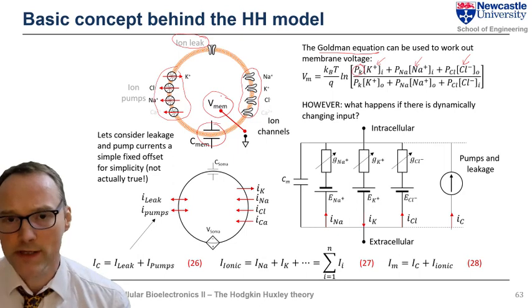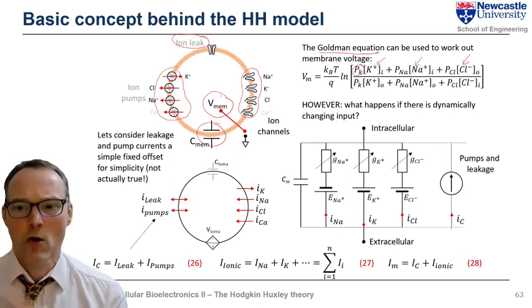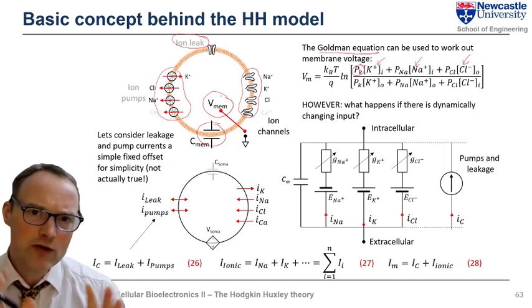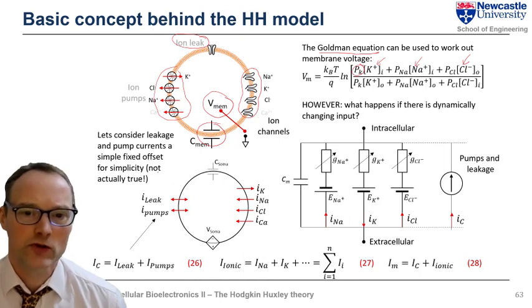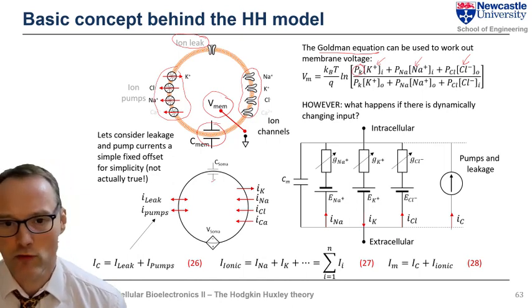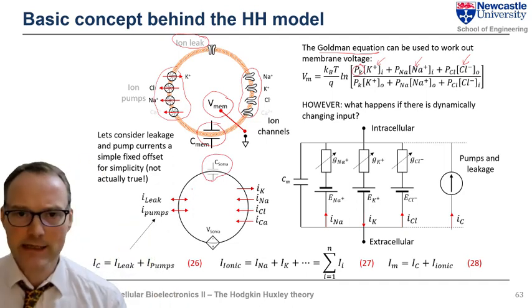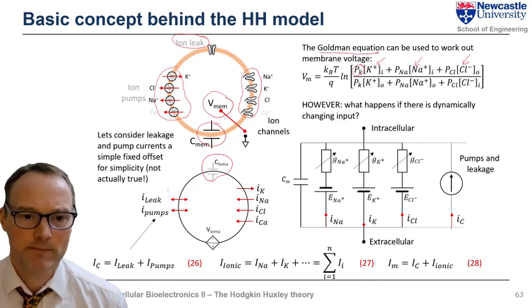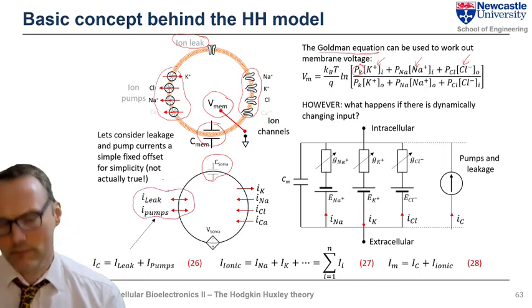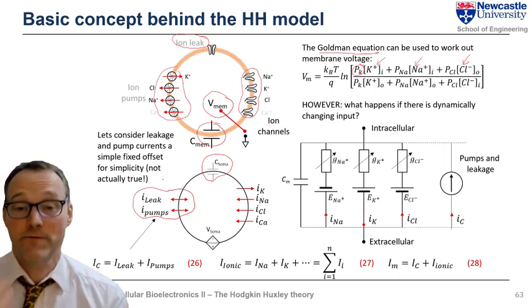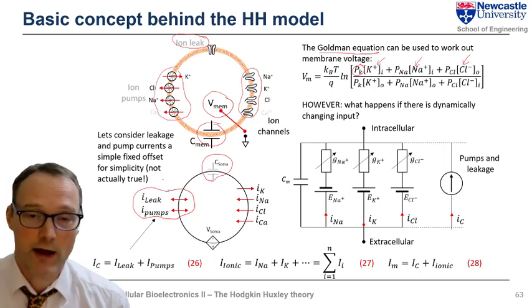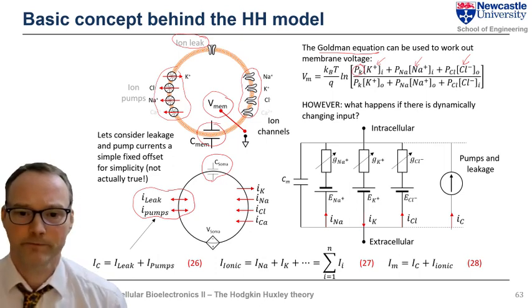But for the purposes of the Hodgkin-Huxley theory, what I suggest is that we rearrange this a little bit. So now we're thinking of the capacitance up at the top. And now, instead of thinking about leaks and pumps being separate, let's put the leakage and the pumps as a single component, for convenience, as a fixed term.